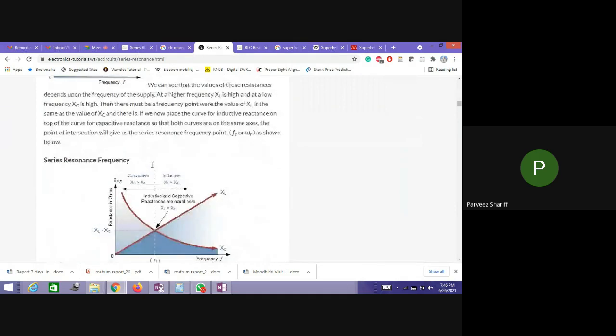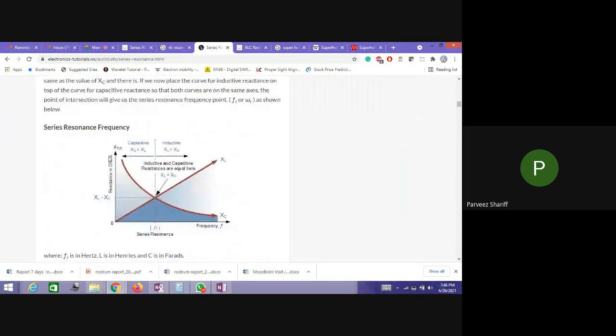Now, as I told you, if you plot a graph for a series resonance circuit, the inductive and the capacitive reactance on the same graph, then both graphs will meet at one point. That is called the series resonance point. This is the point where XL is equal to XC, and below this it is capacitive because XC is greater.